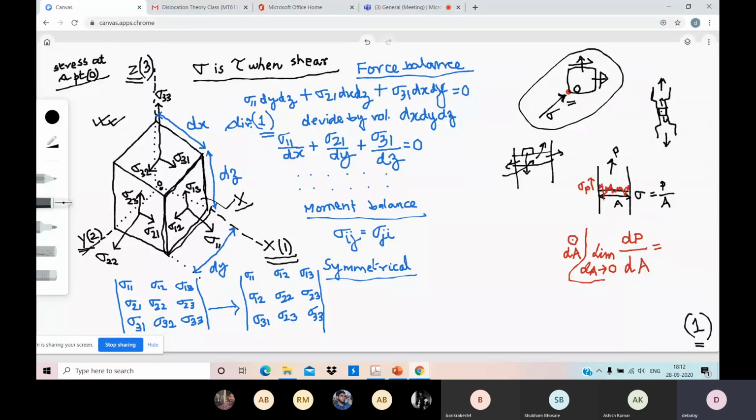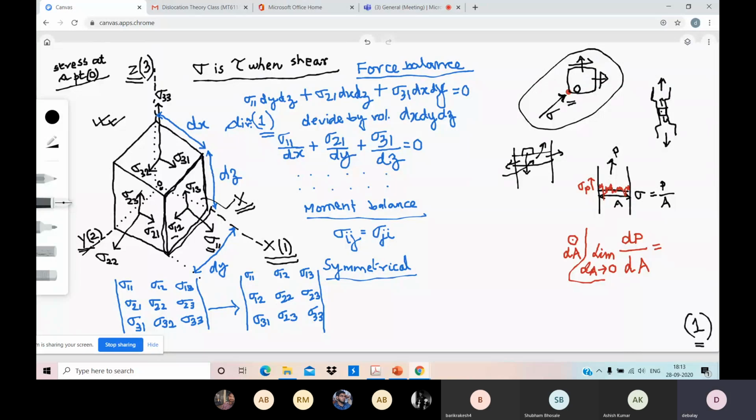Now, what are the stresses acting on the x plane that is perpendicular to the x direction? You see sigma 1,1. The 1 here is a numerical number. Sigma 1,1 is the stress acting perpendicular to the x plane.